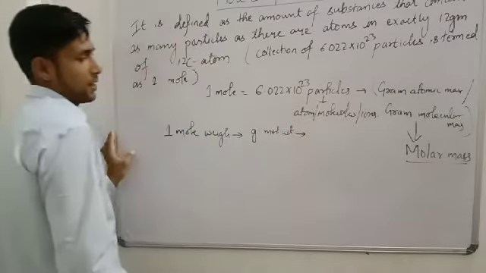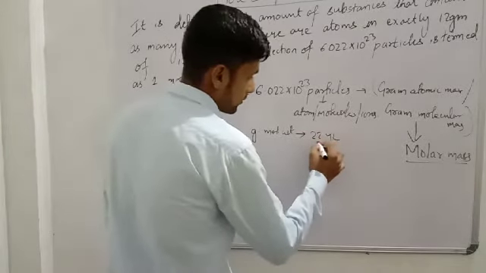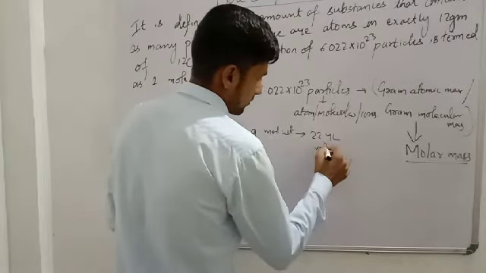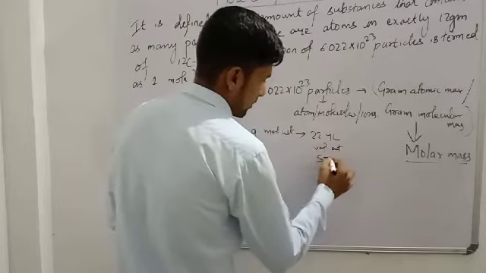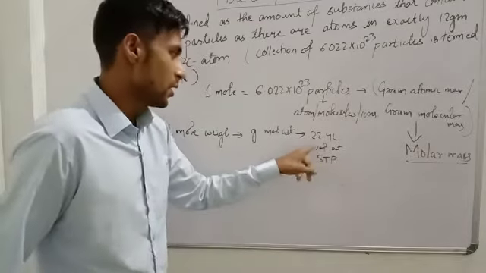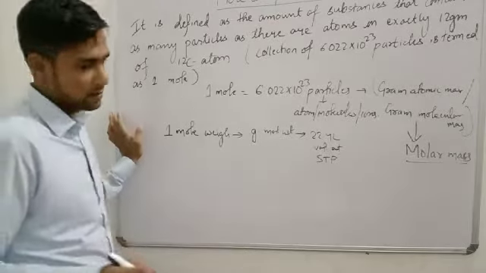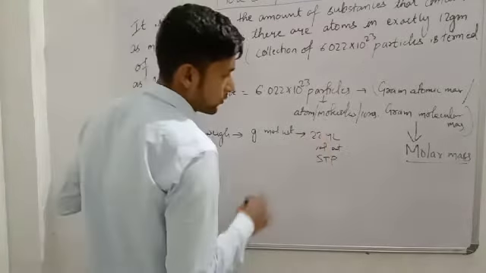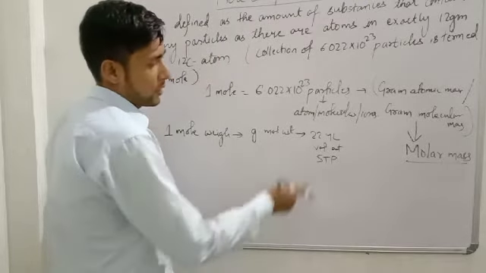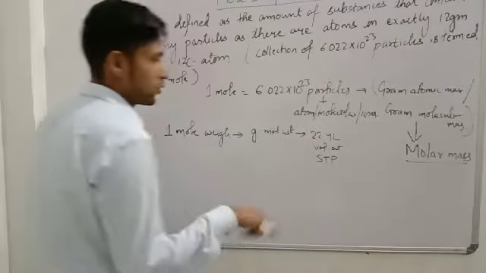Okay, and in case of gas, it will occupy 22.4 liter of volume at standard temperature and pressure, at STP. STP means at standard temperature and pressure. Okay, so 1 mole of any gas occupy 22.4 liter. Remember this thing, 1 mole of any gas occupy 22.4 liter volume at STP.